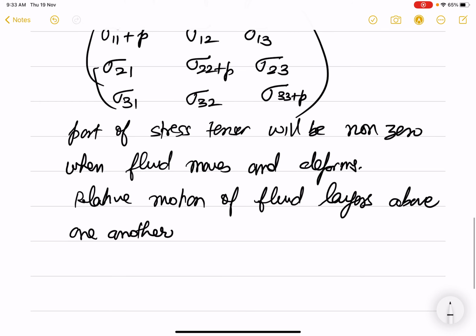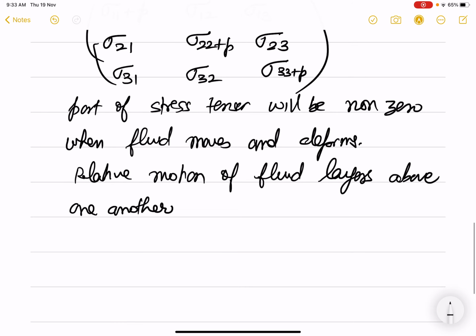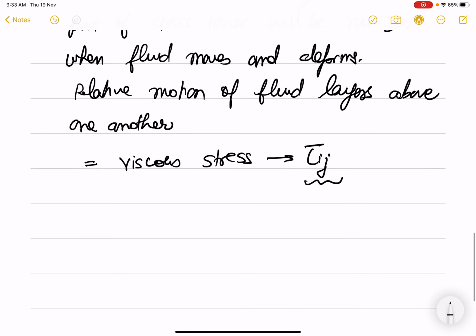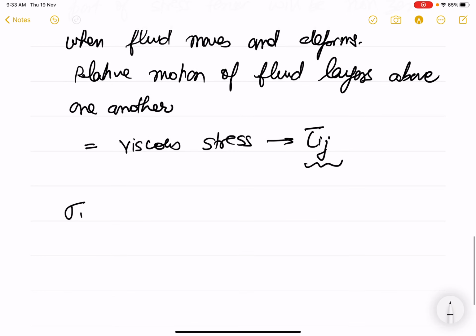And this second part, we will refer to as the viscous stress, and we will call it tau ij. So this tau ij part is the part which occurs because the fluid is moving. So we can write sigma ij is equal to minus p times delta ij plus tau ij.